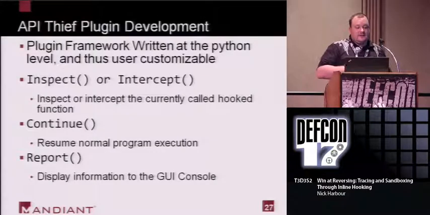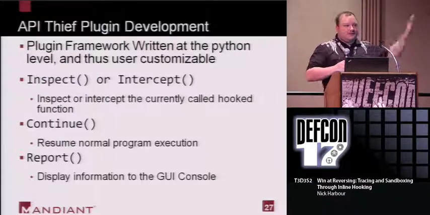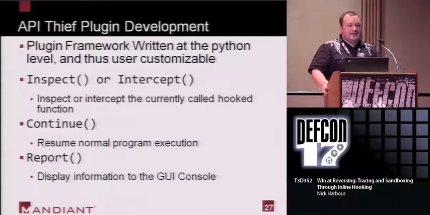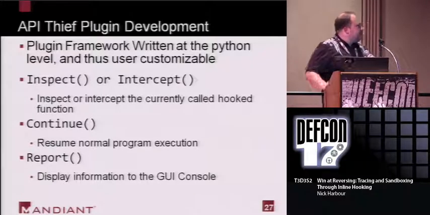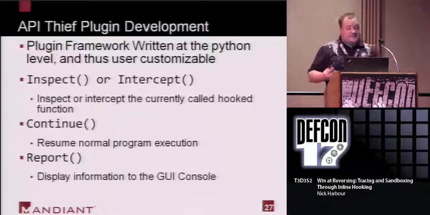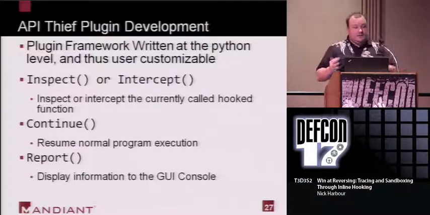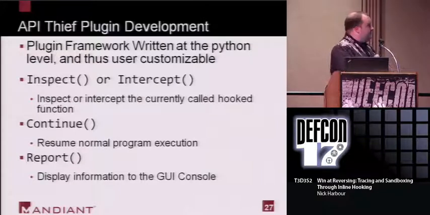All right, looking at the actual Python API, you don't have to know much of how the protocol works. It's pretty much easy to handle from the Python layer. The Python scripts have the functions inspect and intercept. Once your hook handler gets called, it's up to you in Python to know, do I want to inspect this or do I want to intercept it? And you simply say inspect, and it'll go down that path.